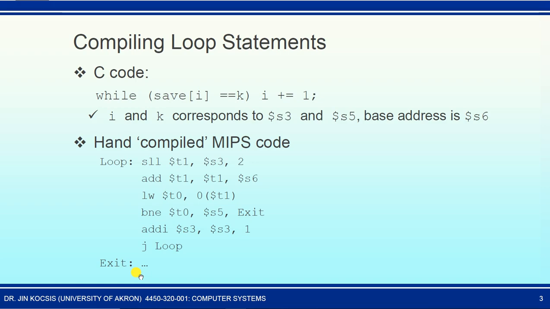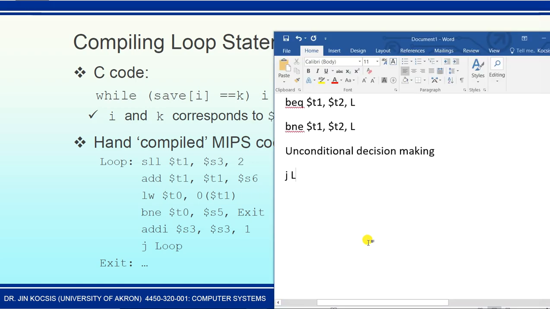By doing so, we reduce the overall number of instructions we need to implement in order to finish the while loop. And if we use time to evaluate the performance of the computer, that means we improve the performance of the implementation. So now let's see how we can do that.